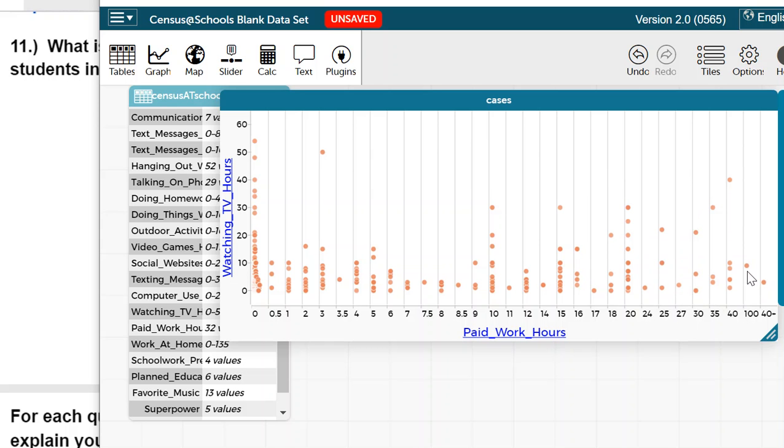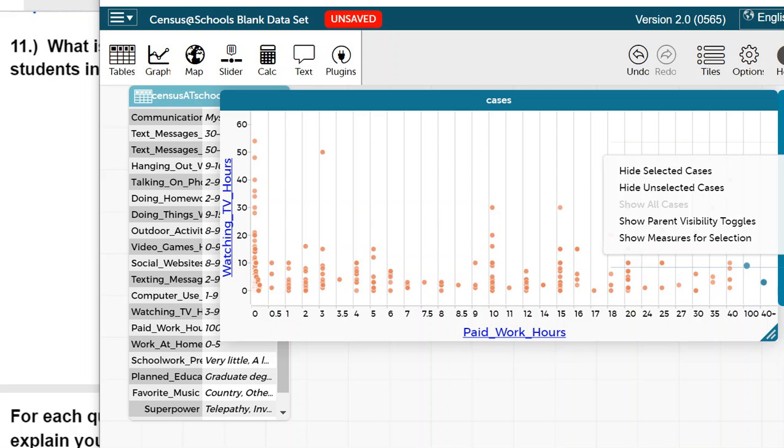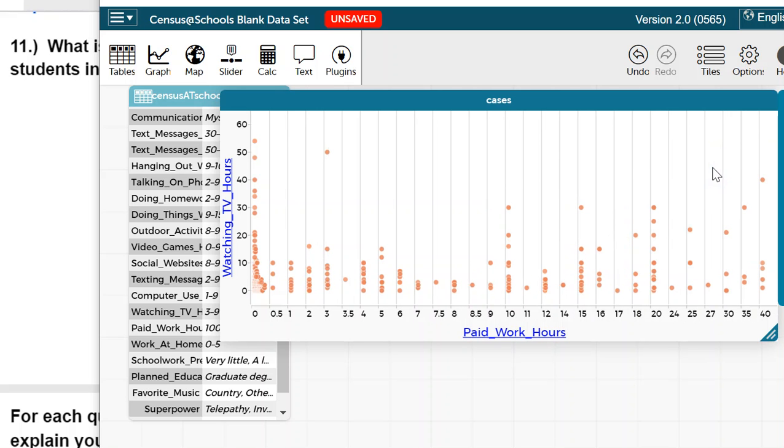Nobody's going to work 100 hours. That's just not happening. As a matter of fact, you can practically take those two off. Hide those two. And it is going to stretch it back out. I question whether these were telling the truth, I guess we'll put it that way.